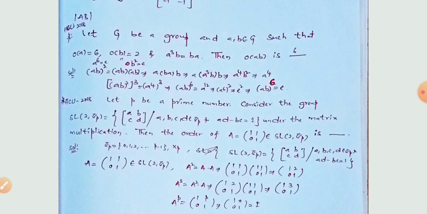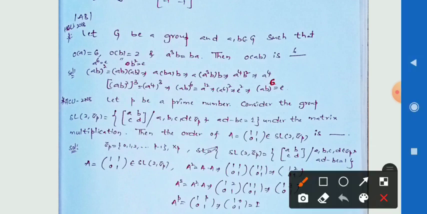Here I am taking (AB) square. (AB) square is equal to AB into AB, which can also be written as A into BA into B. Here the above condition is there. By this condition I am substituting BA: instead of BA I am writing a cube b, replacing ba is equal to a cube into b.